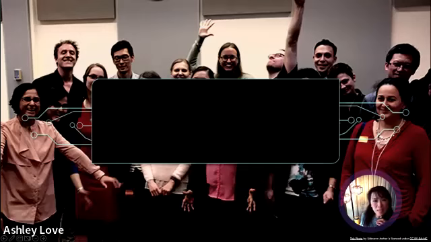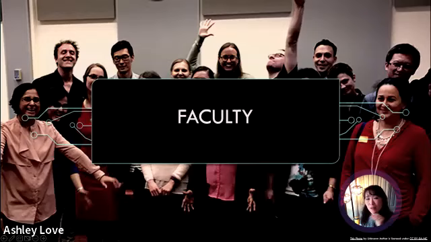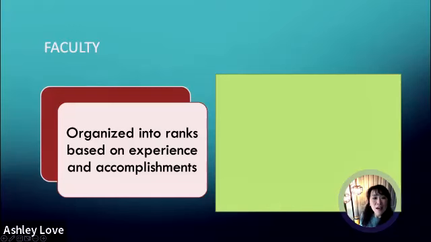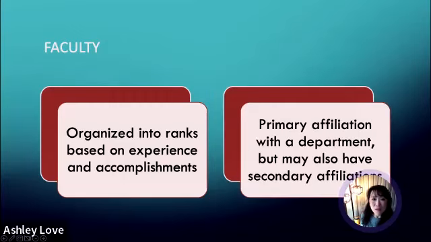I'm looking at the time. And the faculty members, those of you who are interested in going into academia, it's organized in rank based on experience and accomplishment. So you start from assistant to associate and professor, and that also signifies that you're on the tenure line, and that's what you call in academia very coveted.